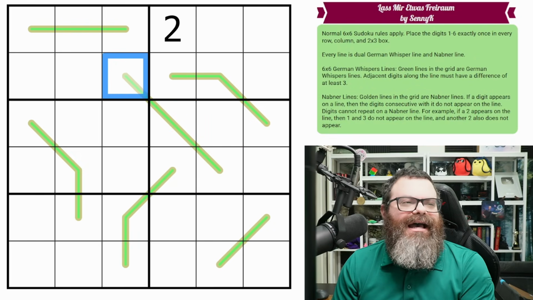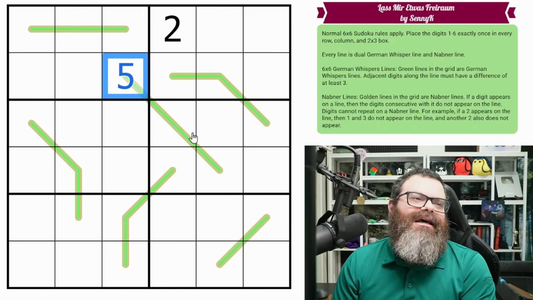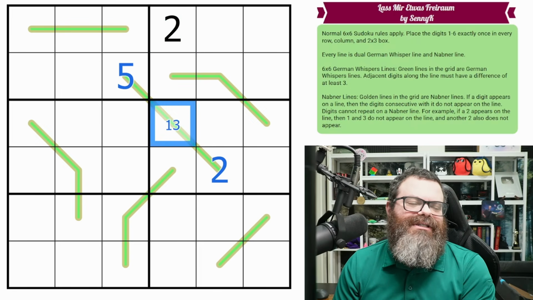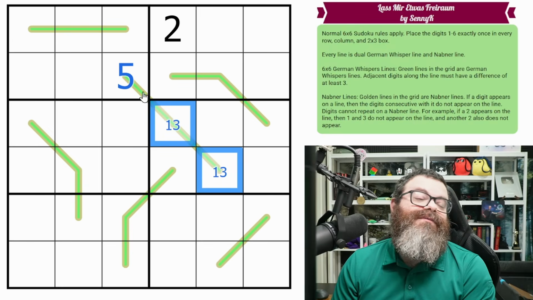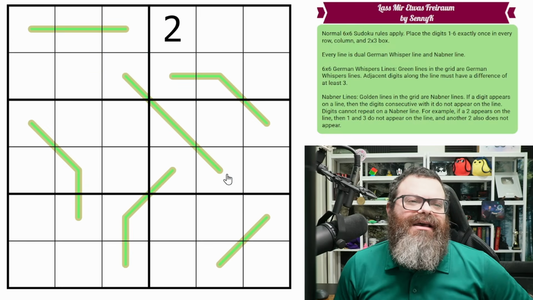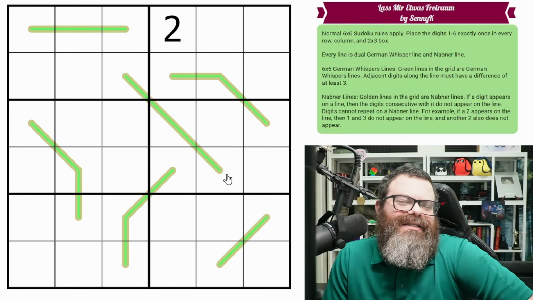If we put a 5, you'll probably guess where this is going. Then we remove the 4, 5, 6. We're down to 1, 2, 3. Can't actually put the 2 because the 2 would be with a 1 or a 3, which is next to it. And so we're left with 1, 3, 5. So a 2 forces all even, a 5 forces all odd. There's a little bit of wiggle room otherwise.